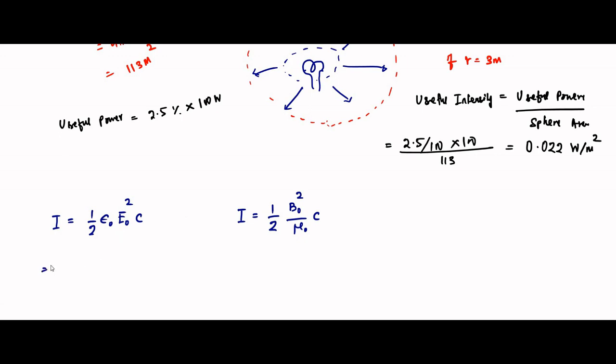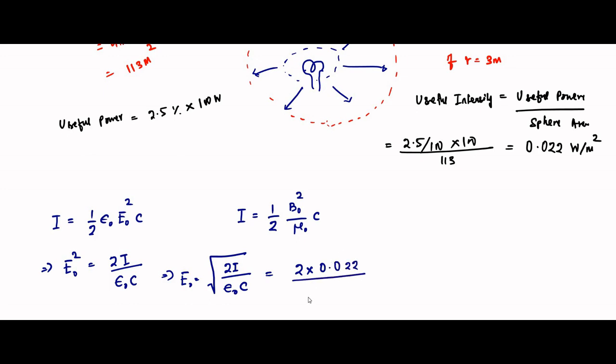So that implies E0 square is equal to 2I by epsilon 0 C. That implies E0 is equal to root over of 2I by epsilon 0 C. So here we'll substitute the values: 2 into 0.022 by 8.85 into 10 to the power minus 12 into 3 into 10 to the power 8, root over.